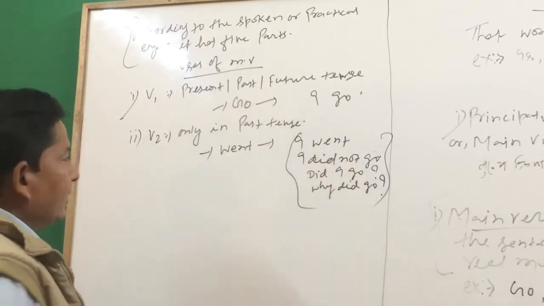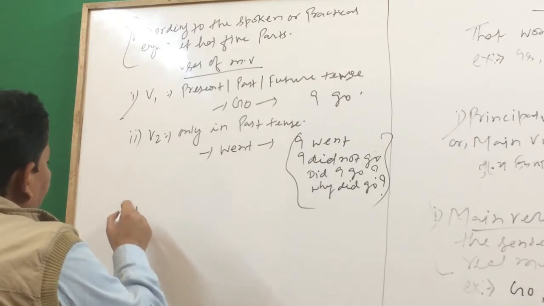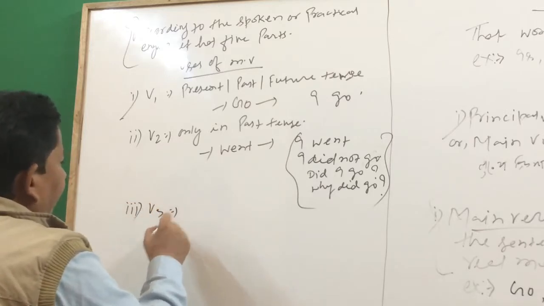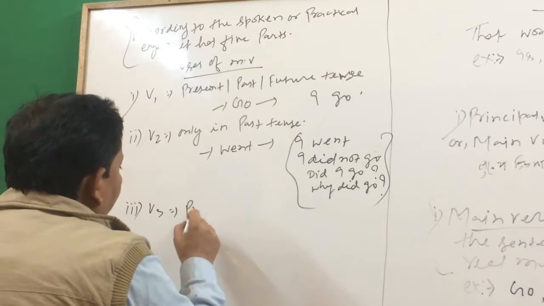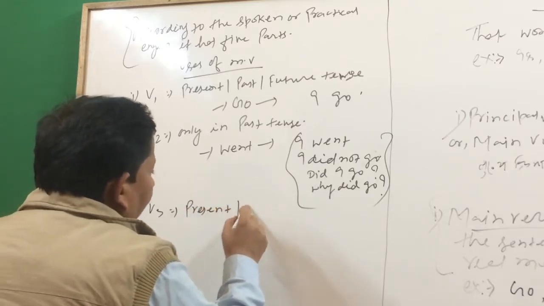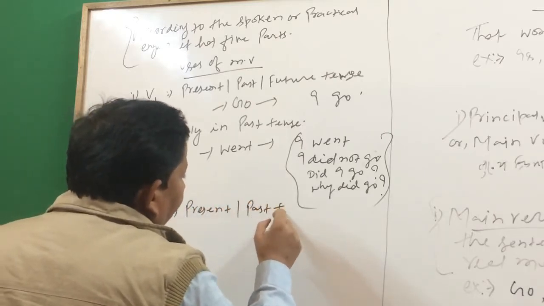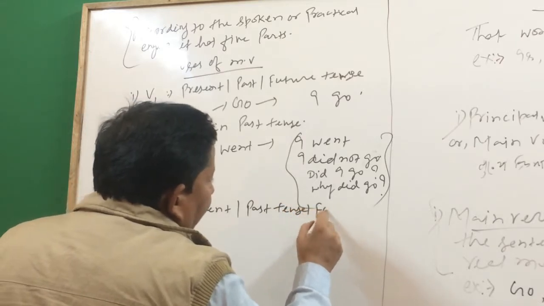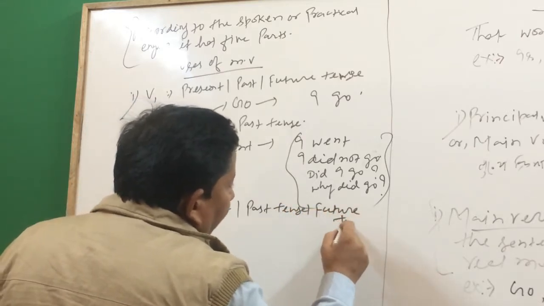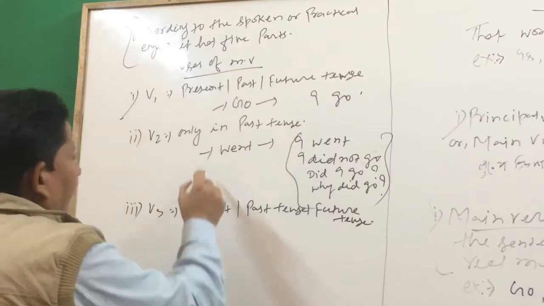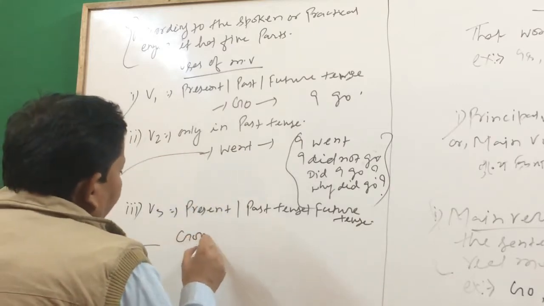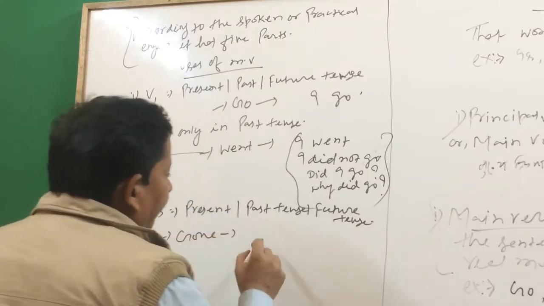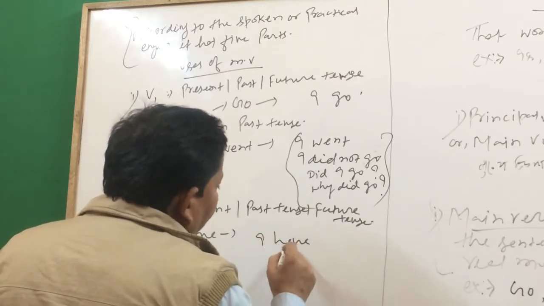Right? Here the matter of fact, once we start to read, then we find these kind of things present in this particular chapter. Similarly, third one, V3: present tense, past tense, as well as the future tense. A very interesting chapter. Convert go into gone. See, we can say I have gone.